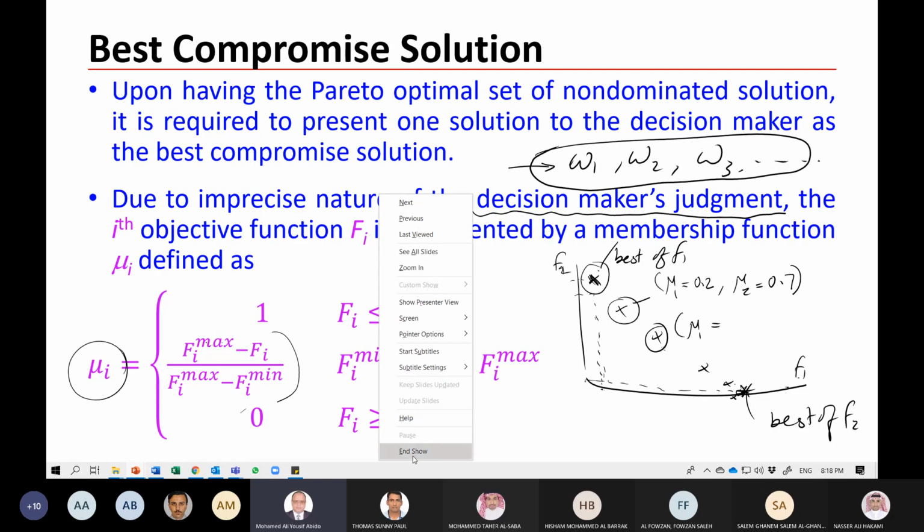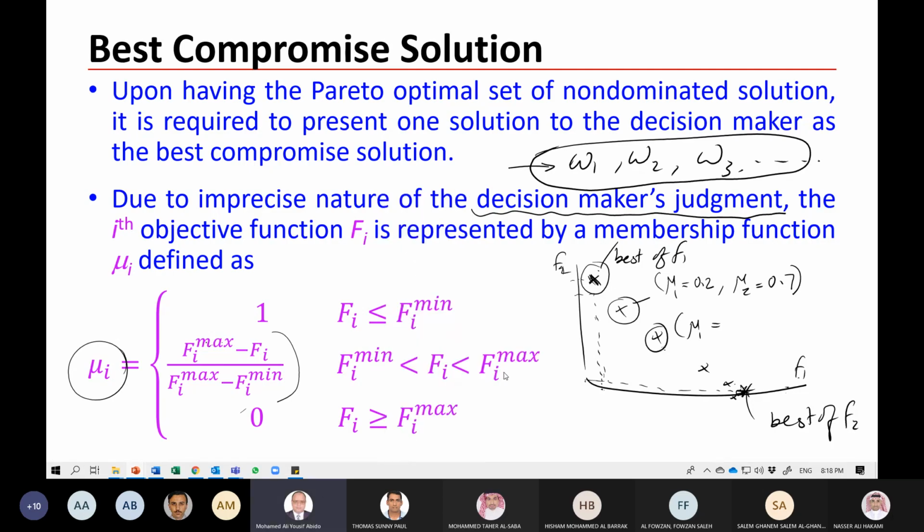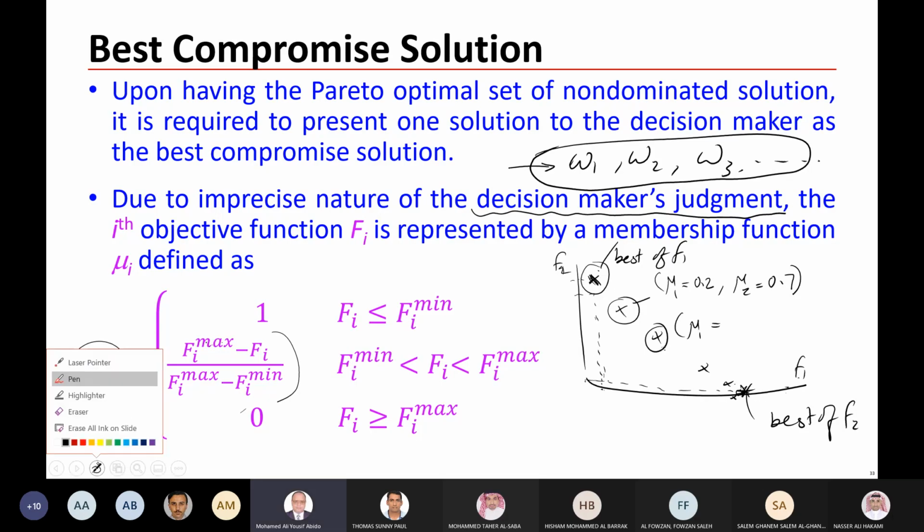So if you go further from the best solution, do you expect mu1 will be less or higher?